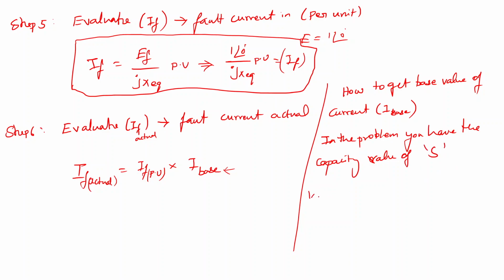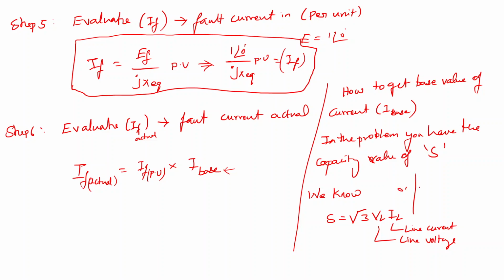And we know that S is root 3 VL IL, where IL is the line current and VL is the line voltage; the root 3 is because of the three-phase system.